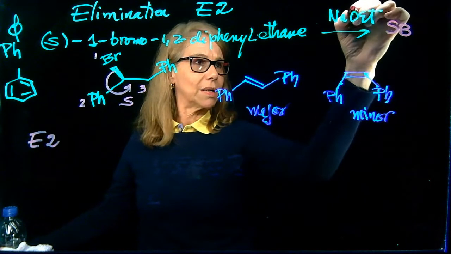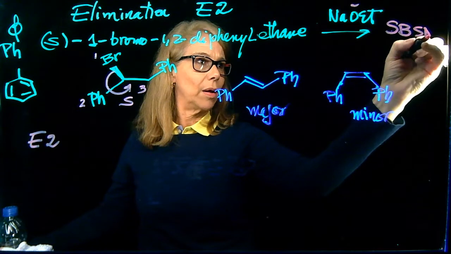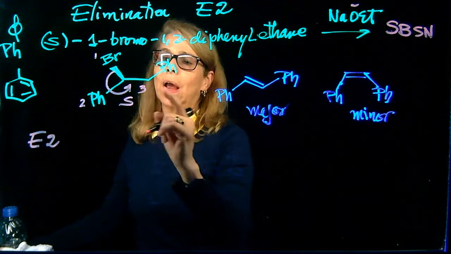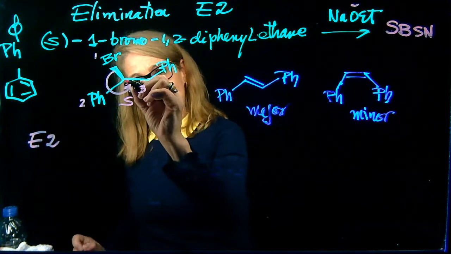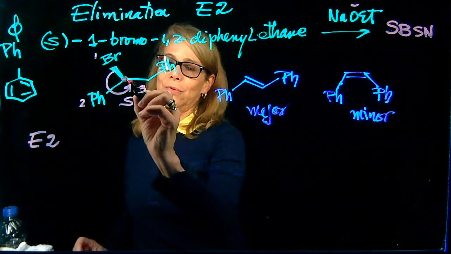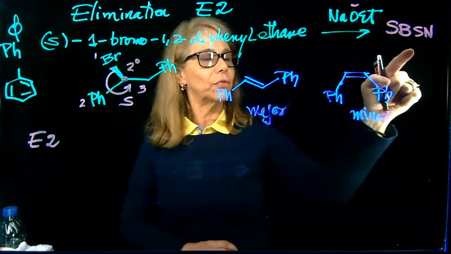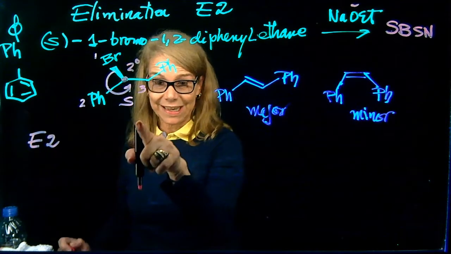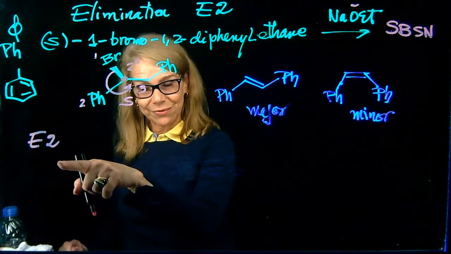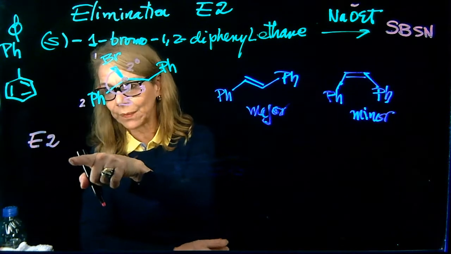Ethoxide is a strong base, strong nucleophile. And the substrate, where the bromine is, has one alkyl chain, another alkyl chain, so it's secondary. Strong base, secondary substrate, the predominant reaction is an E2.